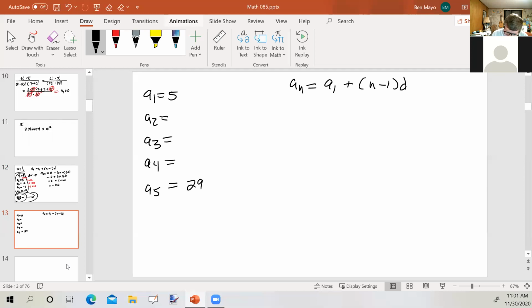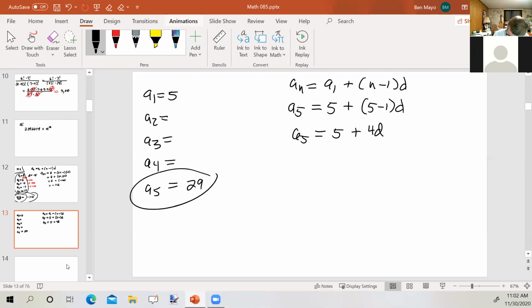So a sub 5 would be a sub 1, which is 5, plus n minus 1, which is 5 minus 1, times d. So we've got a sub 5 equals 5 plus 4d. But we also know that a sub 5 equals 29 because it's given.